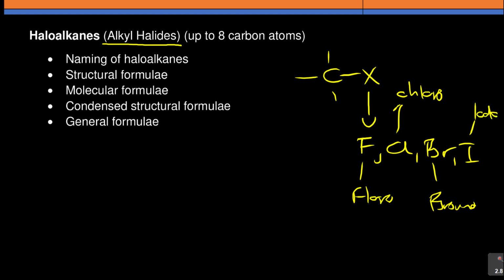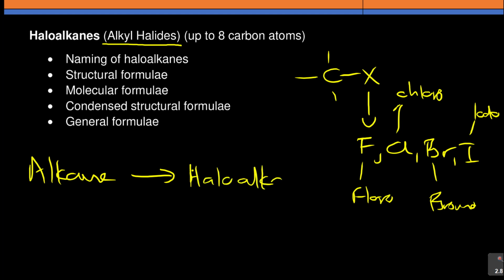So if we're looking at number 1 to number 2, just look at this. We have got an alkane, and a haloalkane. So now, what are you changing? You are just changing the name before. From alkane, for example, I'll have methane.